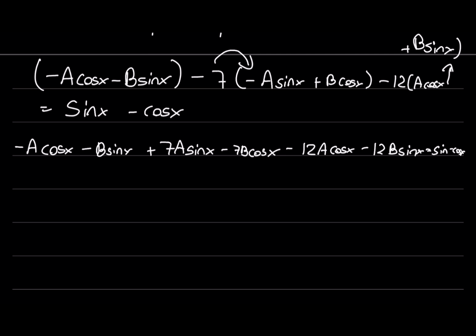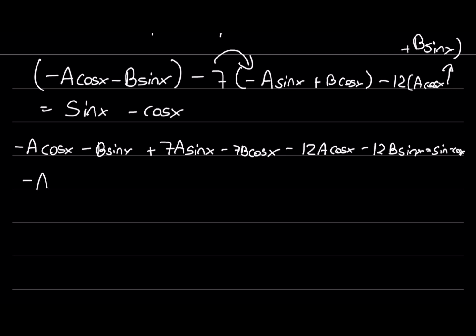Okay, so now what do you need to do? Well, you need to organize everything together. We're going to add all like terms together, and by like terms I mean the sines, not the cos's. So we're going to organize the cos together and the sine together. So let's do the cos first, since cos starts here.